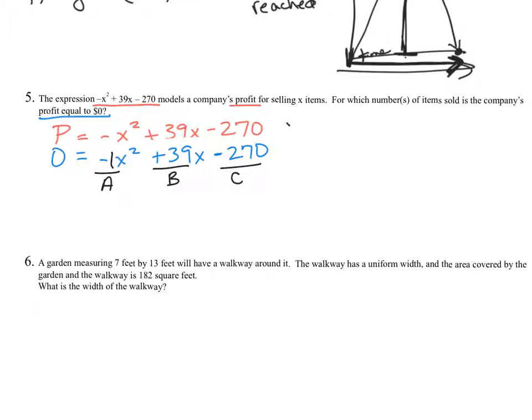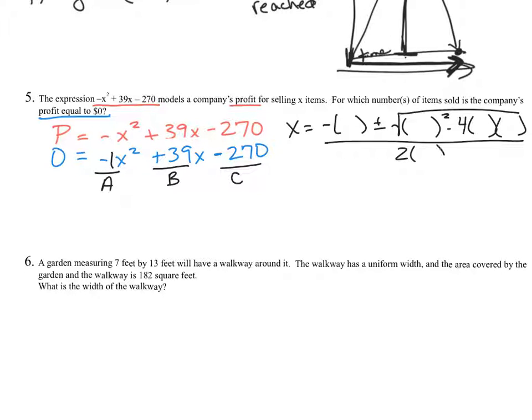So to find our solutions, we have to put it in the quadratic formula. So negative b plus or minus square root b squared minus 4 times a times c all over 2 times a. So b, 39, a, negative 1, c, negative 270, and then a, negative 1.